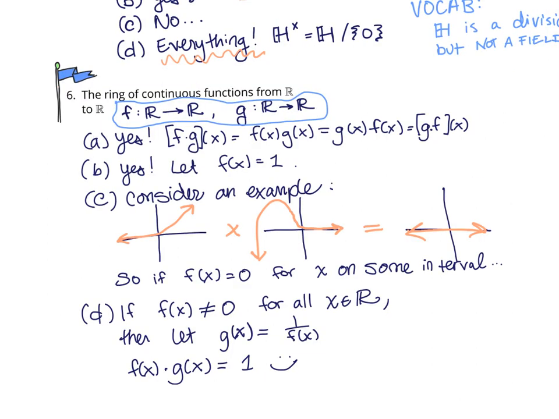And at long last, we are ready to talk about perhaps the strangest example of the day. We're going to talk about the ring of continuous functions from R to R. So real valued input, real valued output, continuous in your traditional calculus, well-studied sense of continuity. We'll define addition and multiplication pointwise.